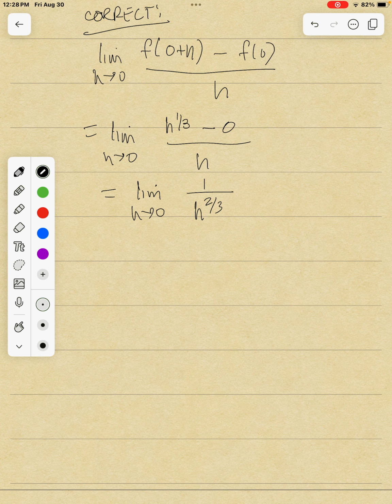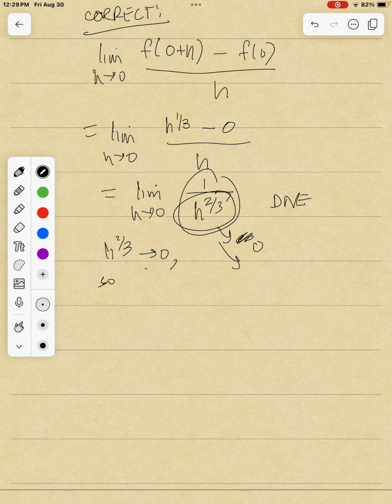And now you can see that the limit doesn't exist. The numerator is 1, and h to the 2/3 is going off to 0, so the quotient is going off to infinity.